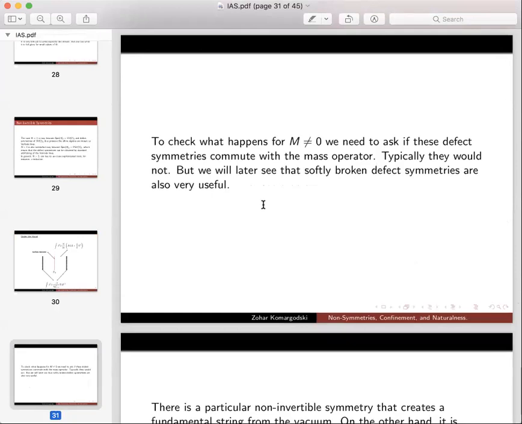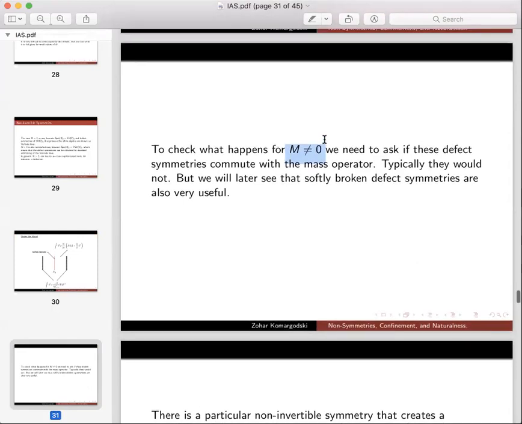Also, I want to make a comment that this huge algebra of symmetries is only important, only existing, for m equals 0. As soon as the quark gets a non-zero mass, what we found is that basically all the symmetries disappear. So the statement is that massless adjoint QCD has this huge symmetry algebra, but as soon as you turn on a non-zero mass, the symmetries are broken.